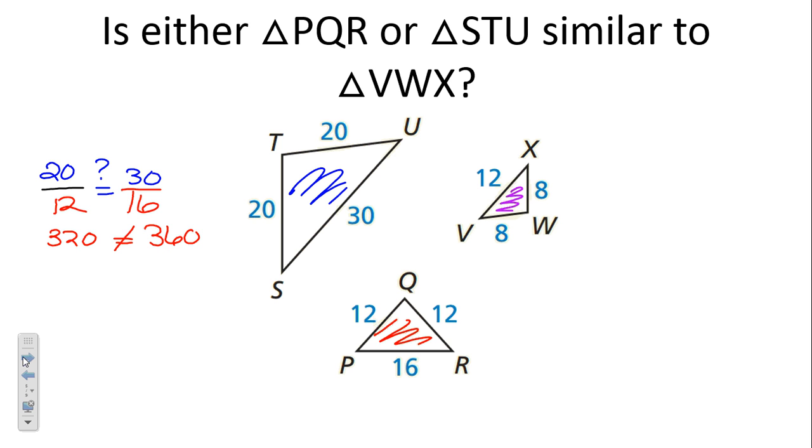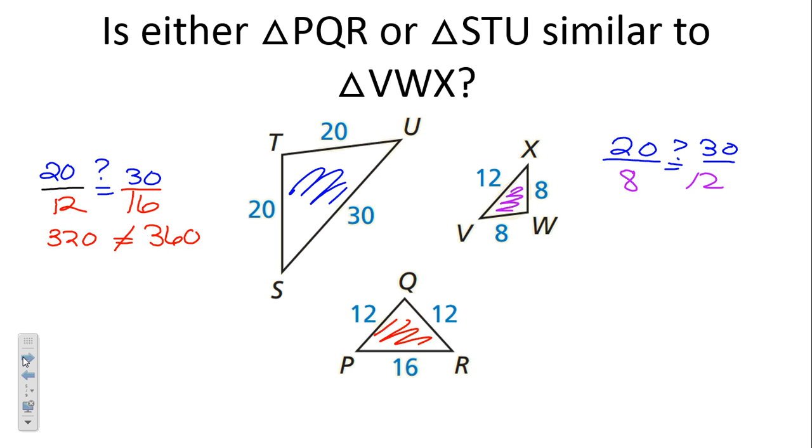So let's set up the proportions. Okay, if we're saying blue, the big one, we're going to have a 20 and a 30 on top. And with the purple, we will have what goes under the 20? 8, what goes under the 30? Okay, now we check. We cross multiply.